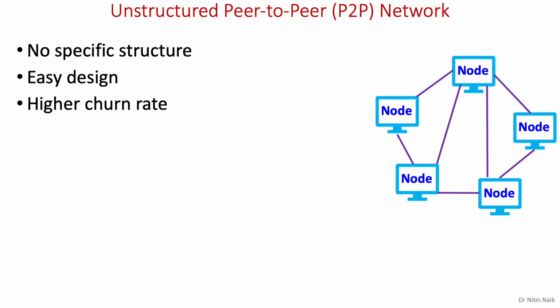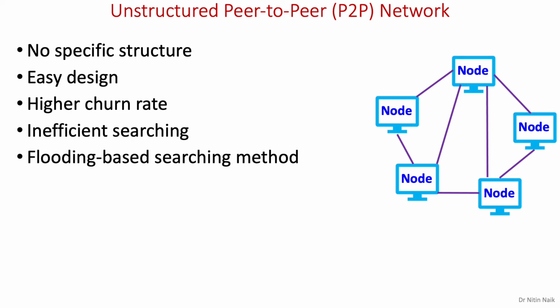Next, it has a relatively higher churn rate, meaning that a large number of nodes frequently join and leave the network. Next, searching for any resource or data in an unstructured network is inefficient, and it does not ensure that such queries will always be resolved, in particular when the resource is extremely rare.